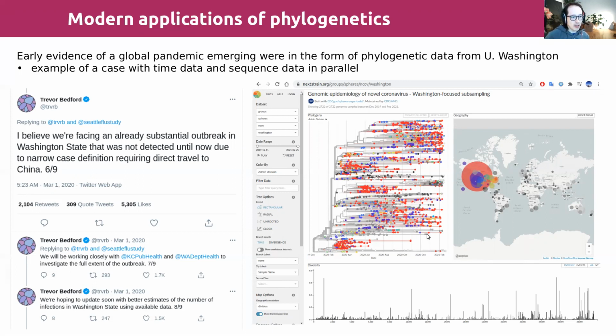But then we also have this time-based tree here, where we can see on the axis here we have time that is going by.